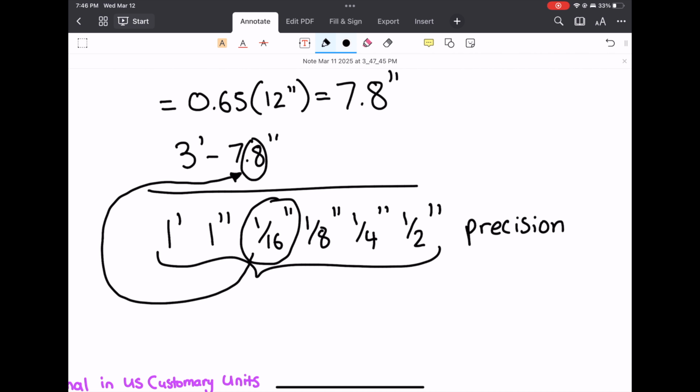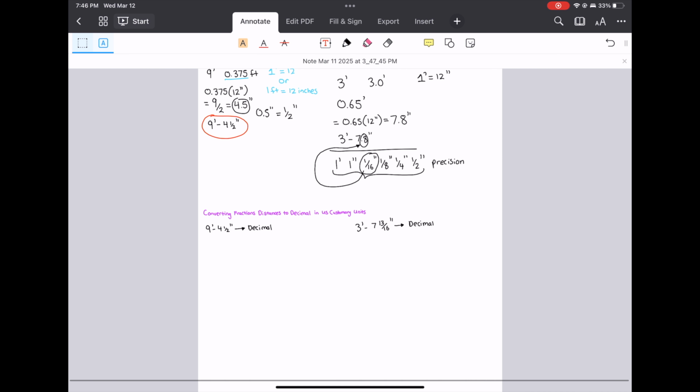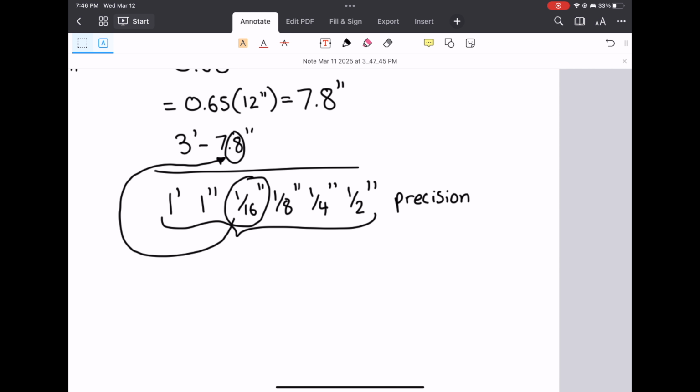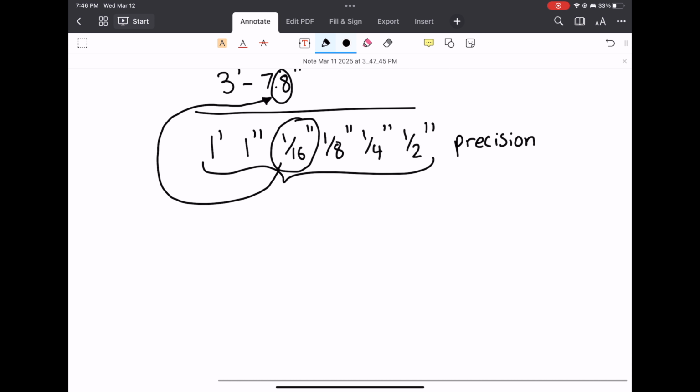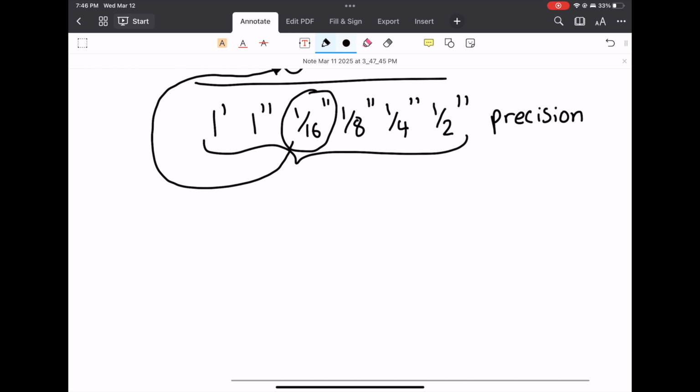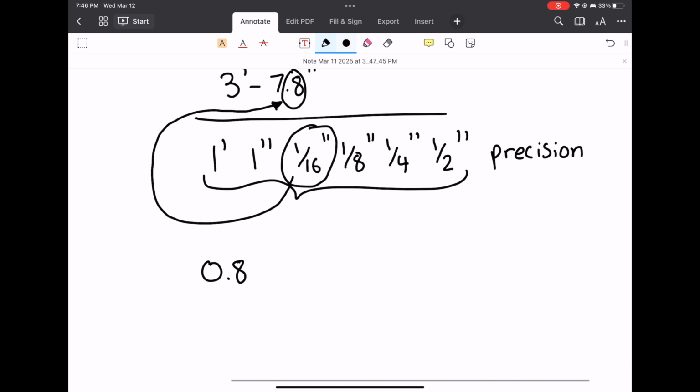So let's try to convert this 0.8 to a fraction to the precision of 1/16 of an inch. 0.8 is our decimal, and we want to convert it to a precision of 1/16.